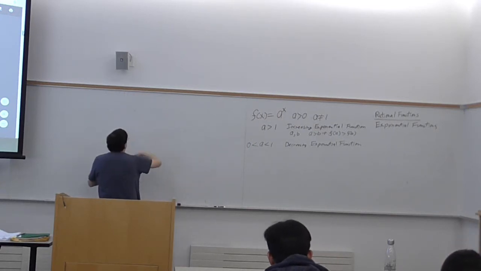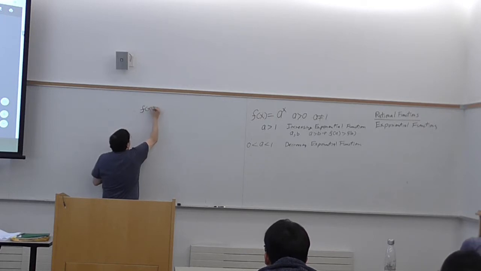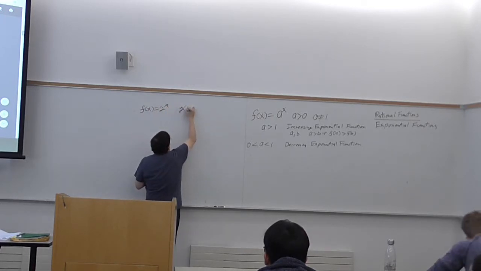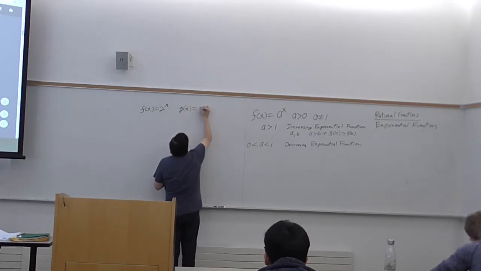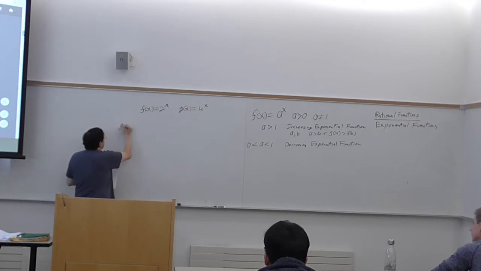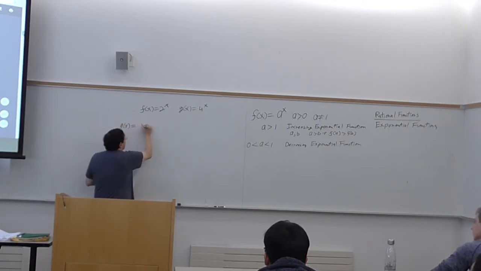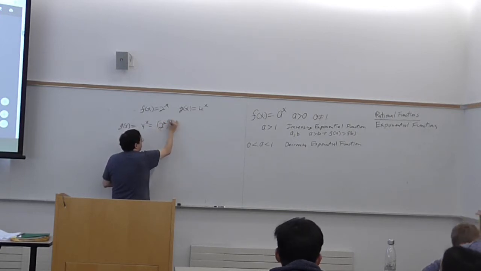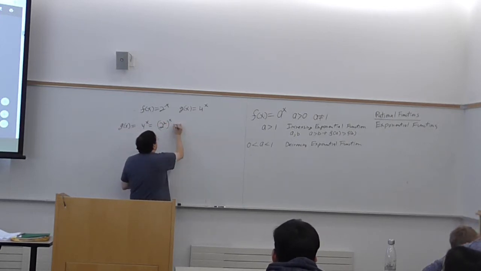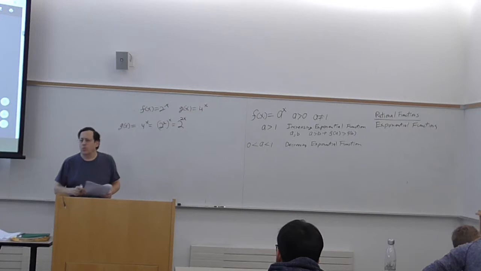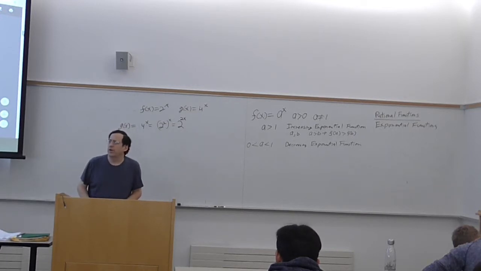Here I'm comparing f of x equals 2 to the x, and g of x equals 4 to the x. Well, if you think about g of x for a second, 4 to the x, that's really 2 squared to the x, which is really 2 to the 2x, which is just a transformation, right?